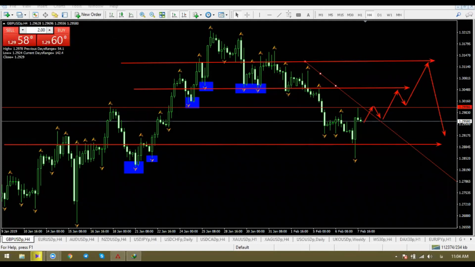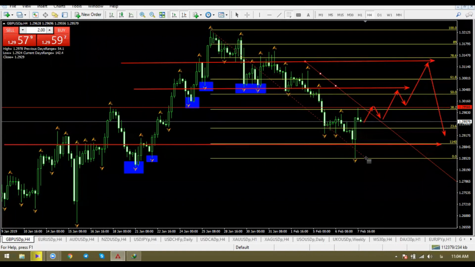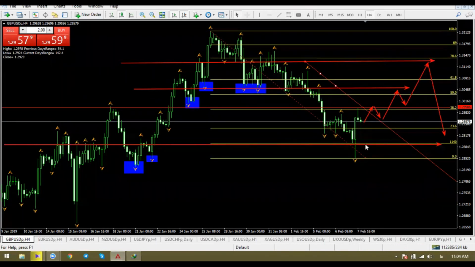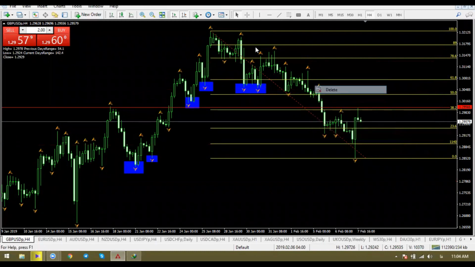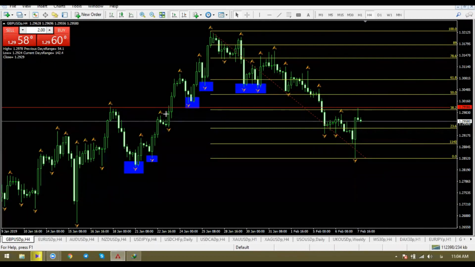I draw the Fibonacci from the gap's high to the floor high. The Fibonacci numbers of mine should be on the pivots, if my Fibonacci line is correct. Where is my 38? Here.